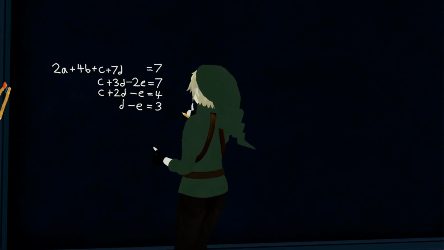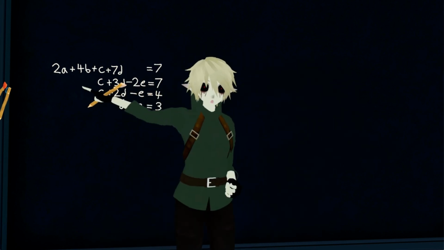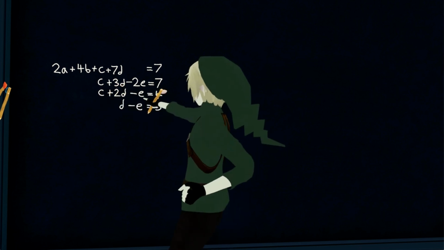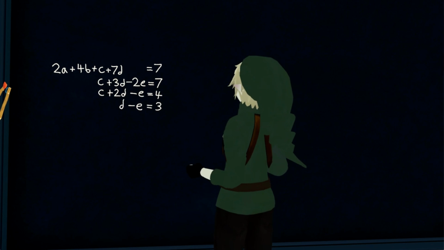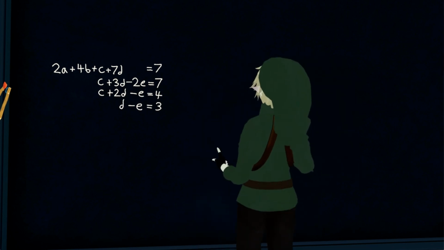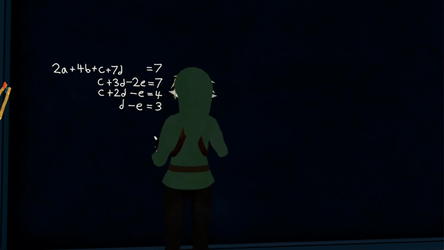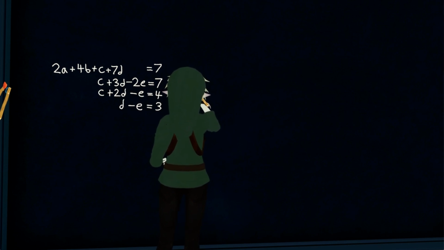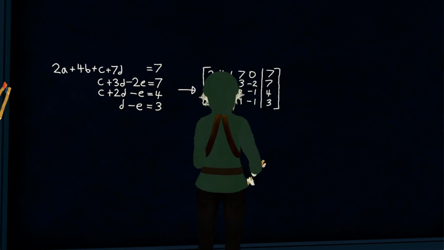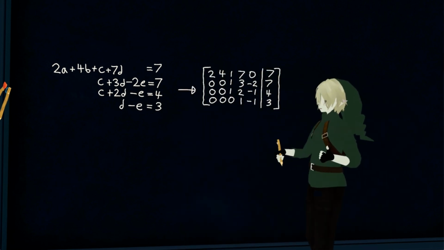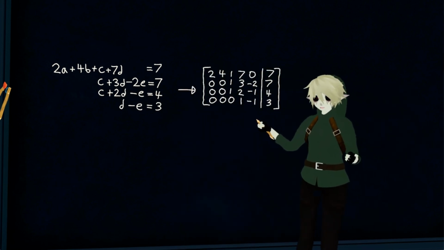But as always, whenever we see a very disgusting system of equations like this, we turn it into an augmented matrix. So let's go ahead and do that. And there we go, we have our augmented matrix.